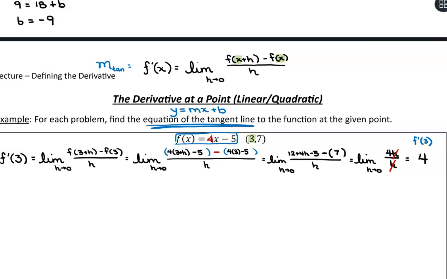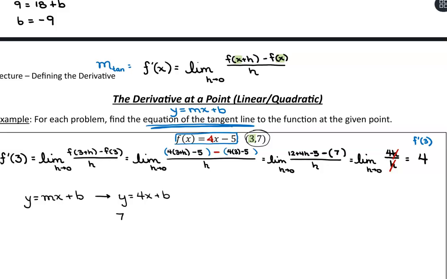But if we want to continue with this process of finding the equation of our tangent line, which would be fitting everything to a y equals mx plus b, then we just found our slope. And then to find our y-intercept, we'll plug in the coordinate that we're using, which they tell us is (3, 7).